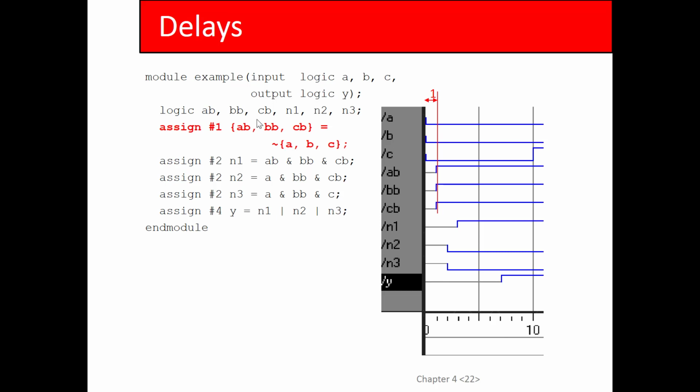But if you look at the timing diagram, you can see that A, B, and C get set right at time 0. Because A, B, or C activates the assignment of these 3 signals, AB, BB, and CB, they're all 3 shown here, they have a delay of one unit. Make sense?